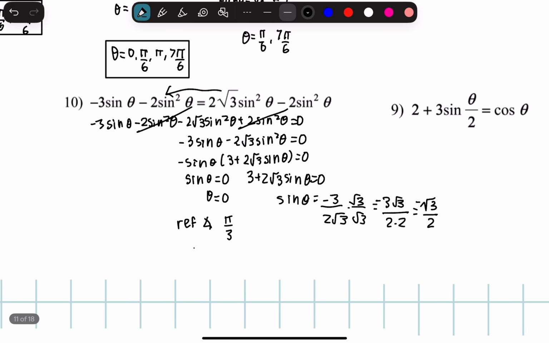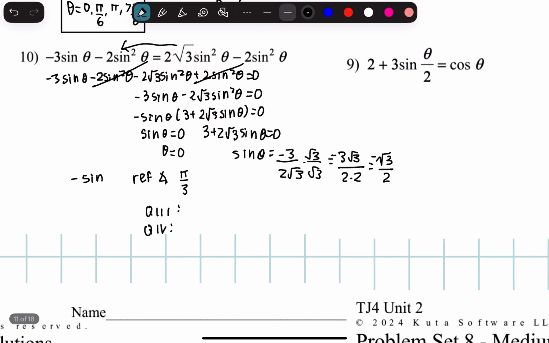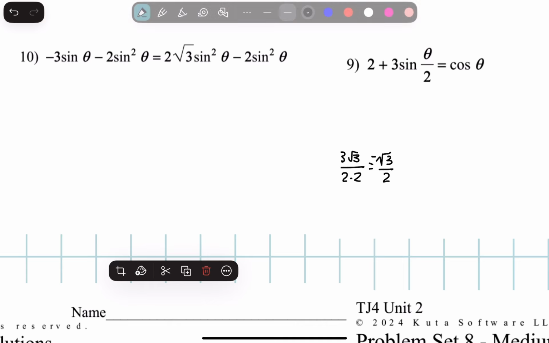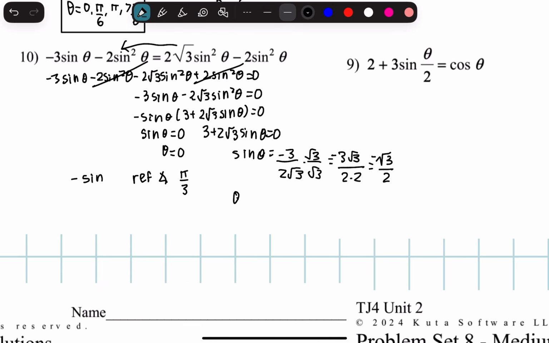And we know that sine is negative in quarter 3 and also in quarter 4. So we can just write all the solutions here.